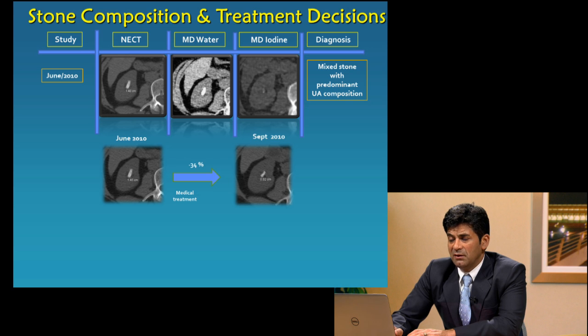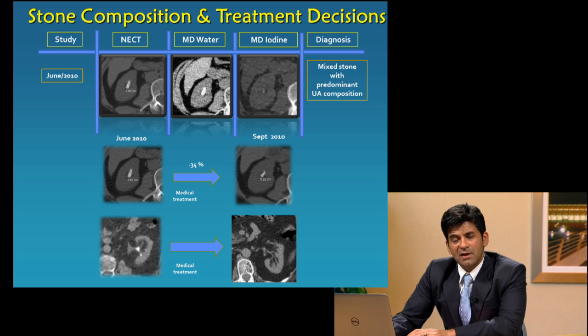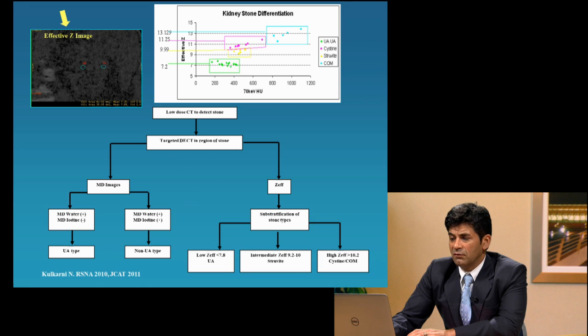This is a predominantly uric acid stone with a little bit of contamination. When this was medically managed within a few months, there was a 30% drop in the stone burden. Whereas in this elderly gentleman with a uric acid stone in the left kidney, after a few months of medical management, there was a complete resolution of the stone.